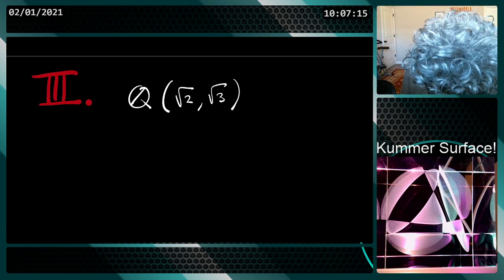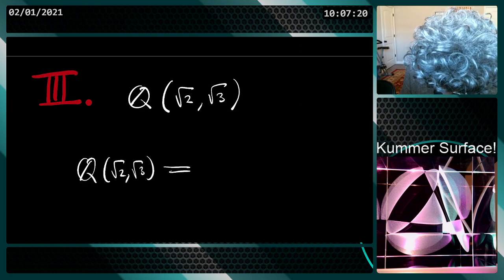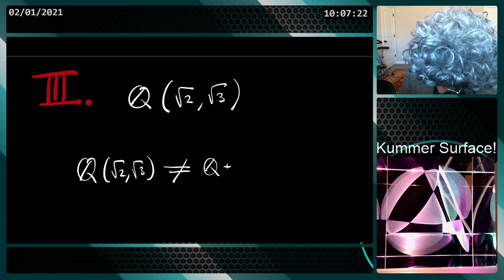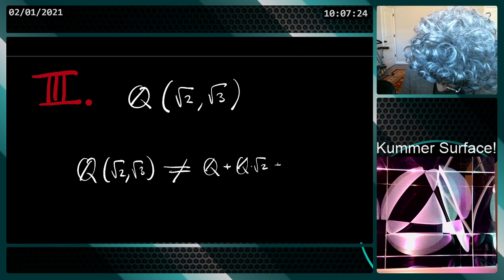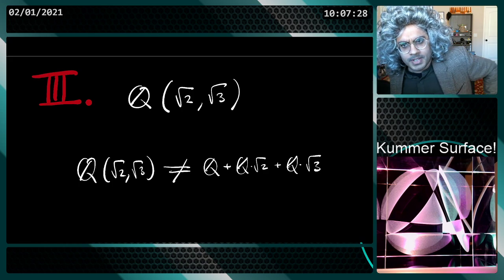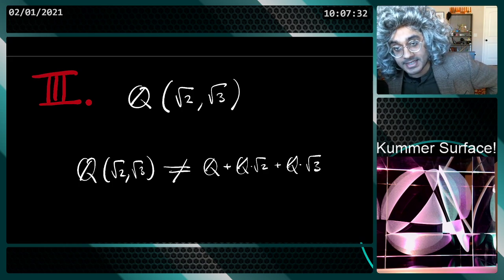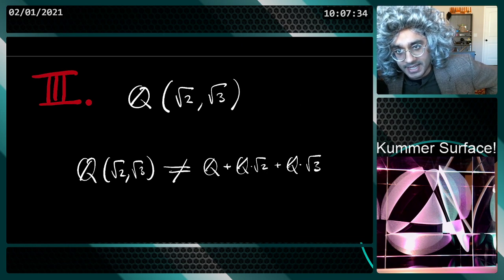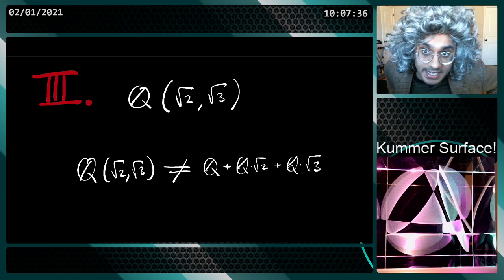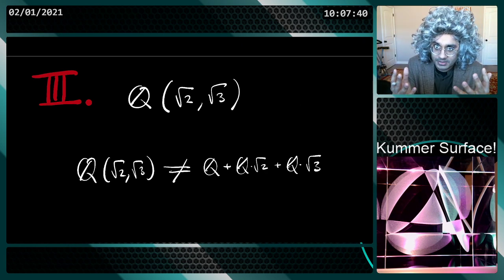This is not it. Okay? You have to add more. We saw that the square root of 6 is not contained in this set, but it needs to be contained in the field. Because if it's a field, it's closed under multiplication.